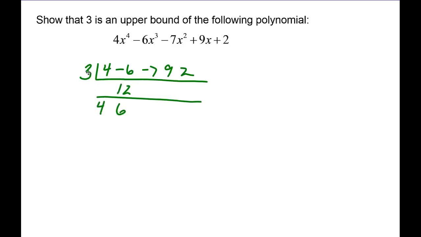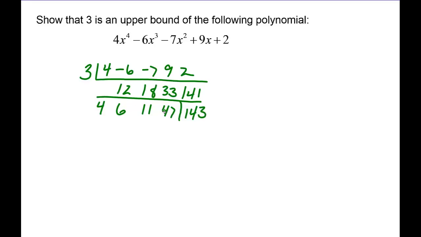That gives me a 6. 3 times 6 is 18. That gives me 11. 3 times 11 is 33. And we add again, that gives me 47. Then 3 times 47, well, I have to do this in my head, so that'd be 141. And we add again and get our remainder of 143.